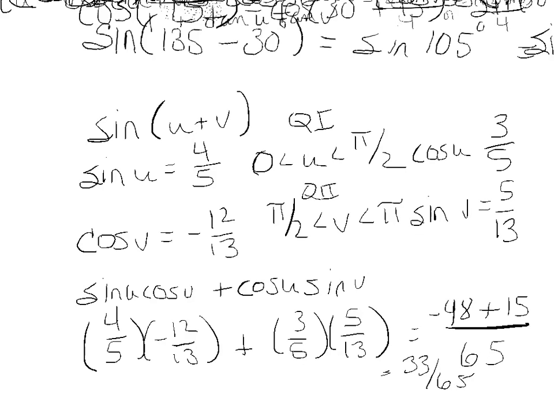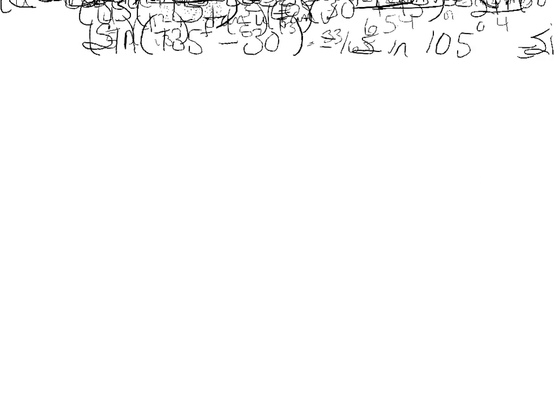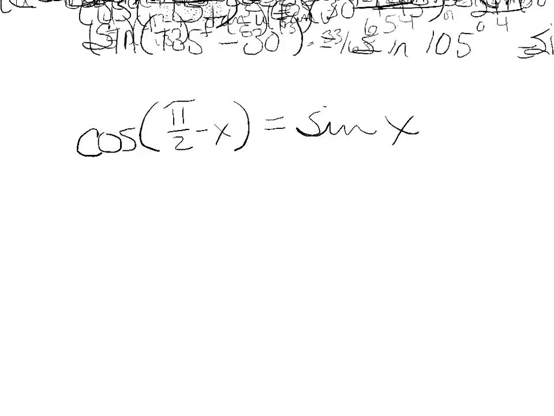Okay, one more thing I want to show then. Again, we're just using these formulas over and over again. We want to prove that the cosine of pi over 2 minus x is equal to the sine of x. I want to verify that that's true.